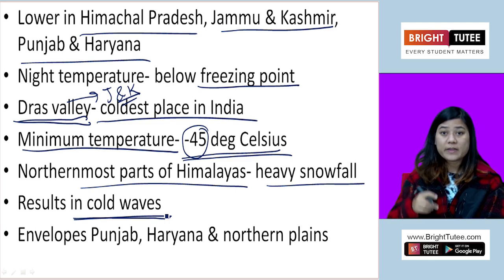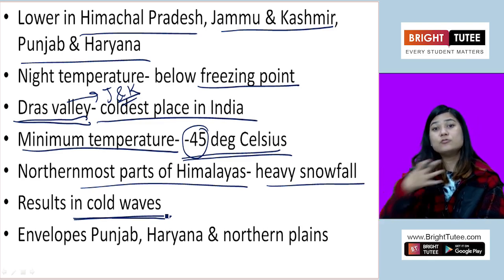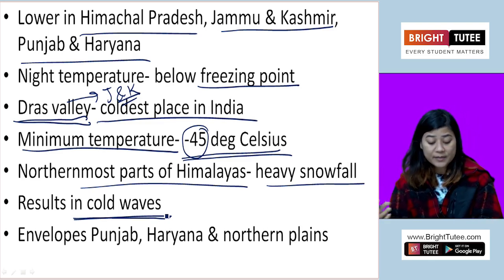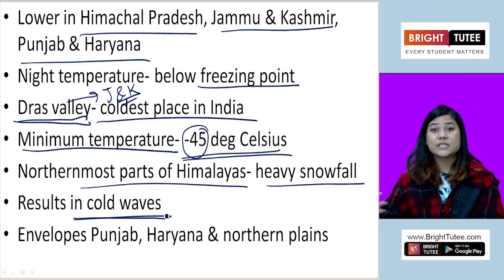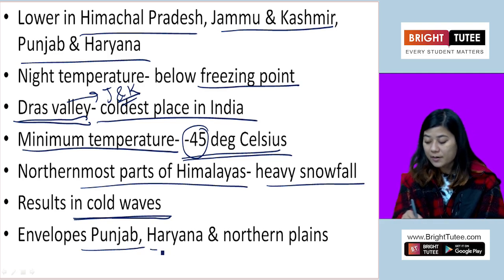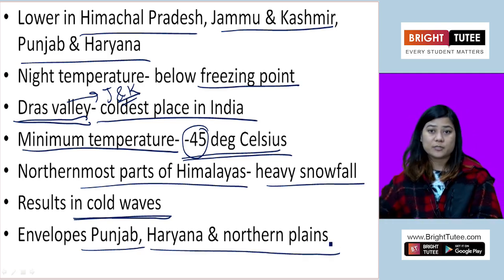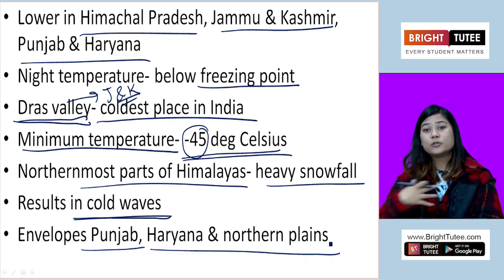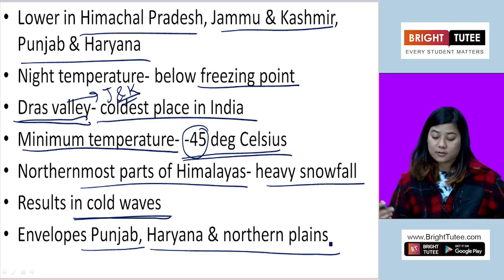These cold waves blow out of the Himalayan region and envelop the surrounding areas, and those areas are Punjab, Haryana and the northern plains, which lie directly at the foot of the Himalayas.